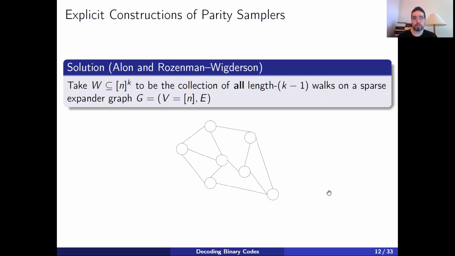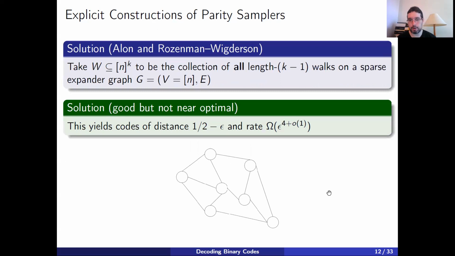And one way of constructing a paired sampler is to take a bounded degree expander graph, take the collection of all walks of length k-1, and use those as your tuples. So this gives a paired sampler, and the parameters are quite nice, but not optimal. It achieves rate about epsilon to the 4.